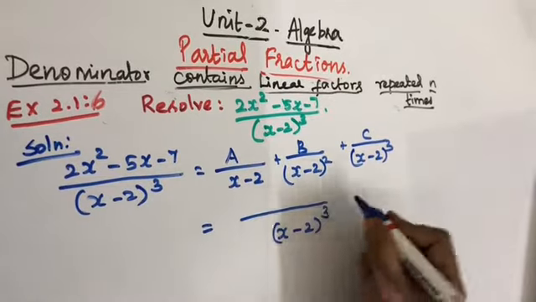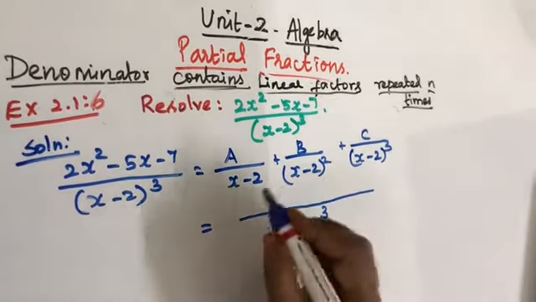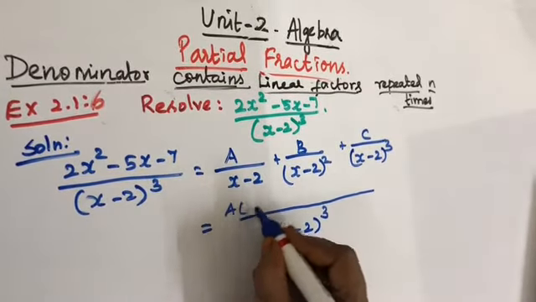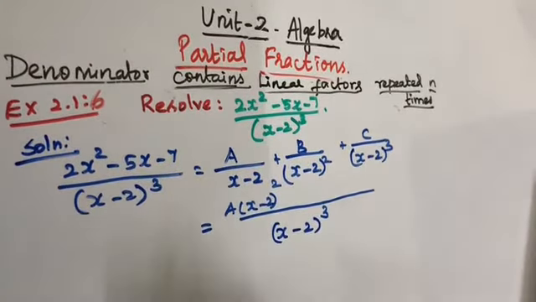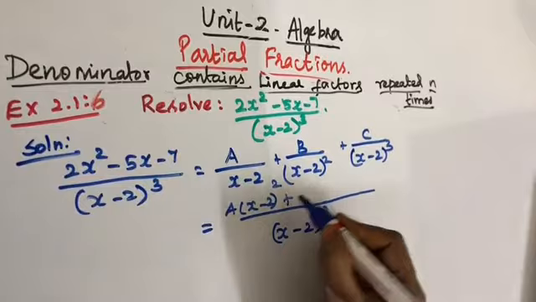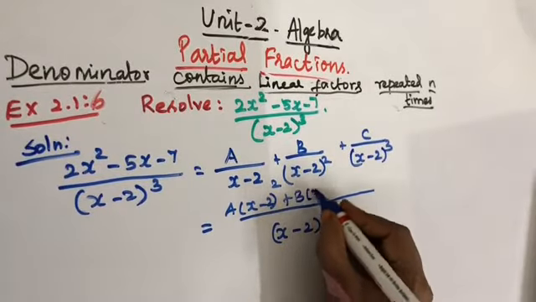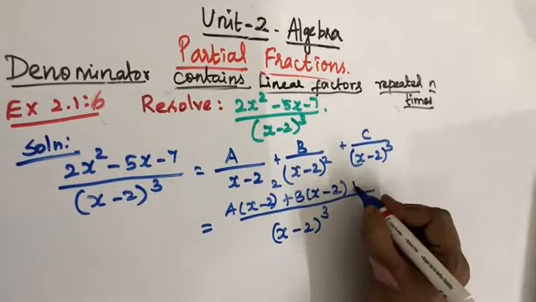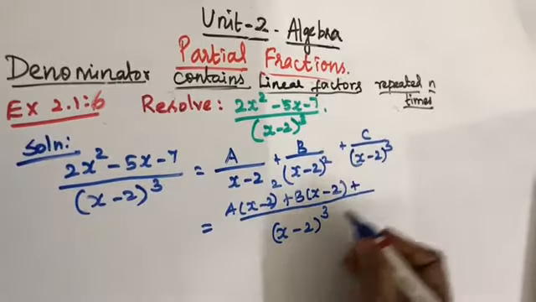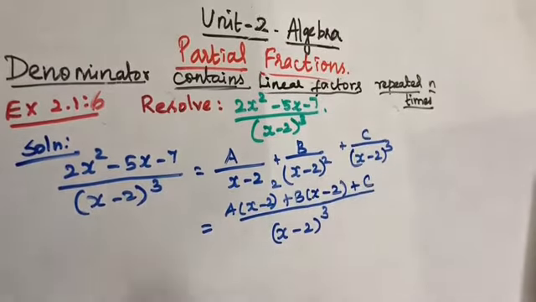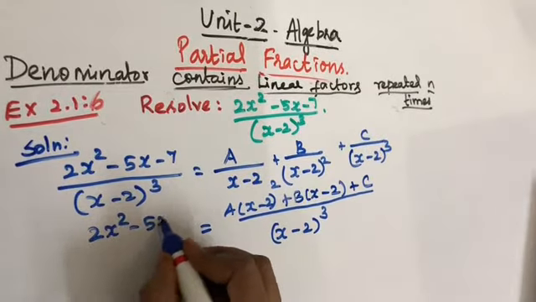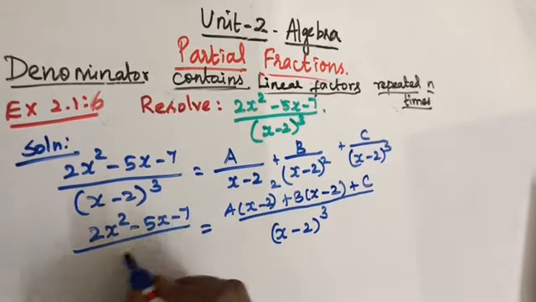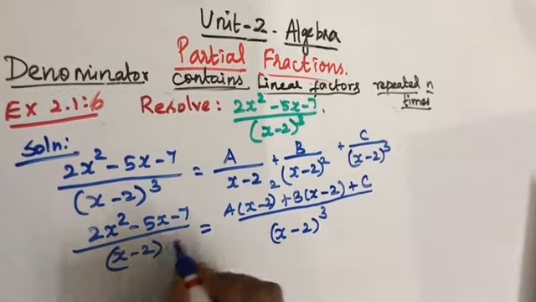Okay, in the numerator, A into (x minus 2) the whole square, already x minus 2 is there, so power 2. Plus here B into (x minus 2). Plus (x minus 2) the whole cube is there already, so C, no need to multiply. 2x square minus 5x minus 7 divided by (x minus 2) the whole square.